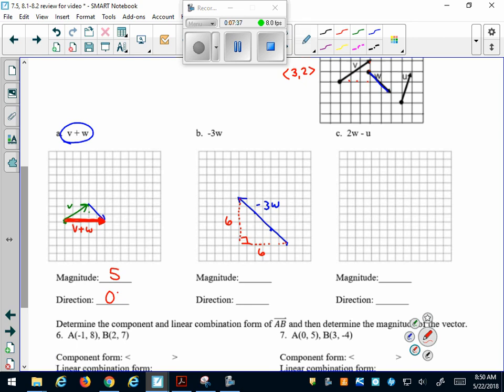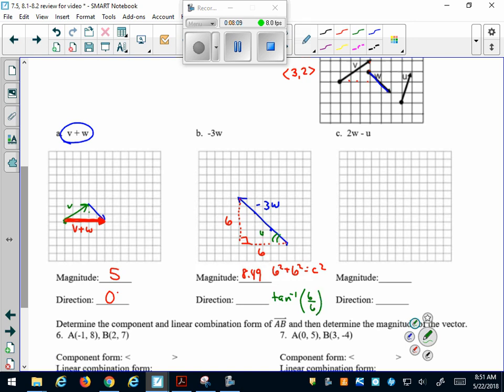So when we do the magnitude, it's going to be 6 squared plus 6 squared equals c squared. And this turns out to be 8.49, the square root of 72. And then the direction, when we do theta here, it's going to be the inverse tan, and we have to do 6 over 6.